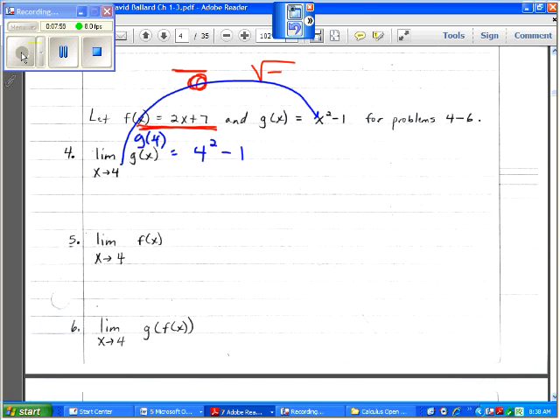Understand that? And so we have 16 minus 1, which is 15. So the limit as x approaches 4 of g of x is the same as g of 4, which is 15, because it is everywhere continuous. Therefore, it is continuous at 4. Okay?